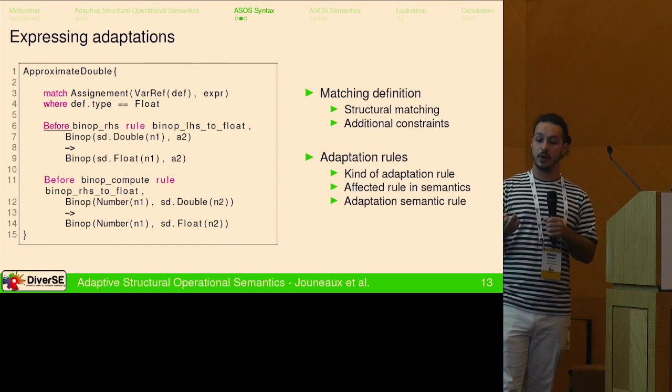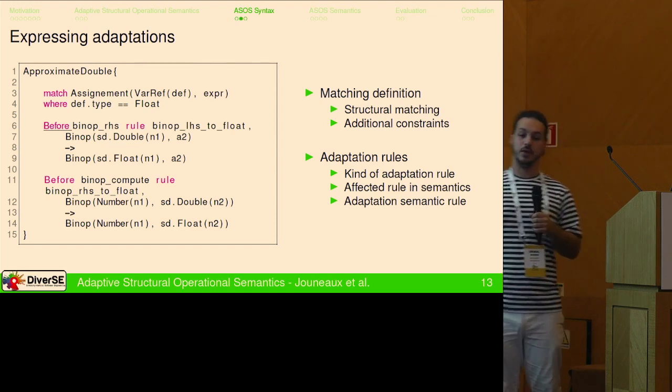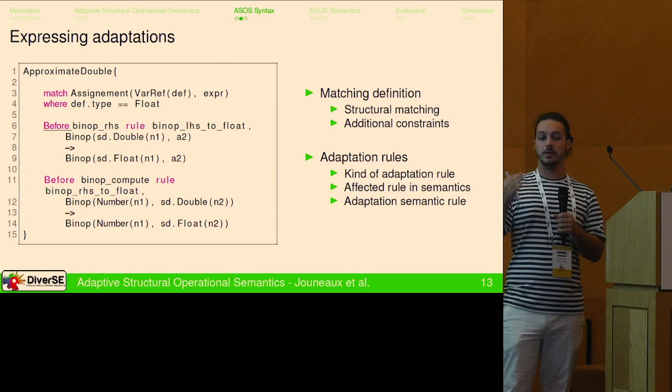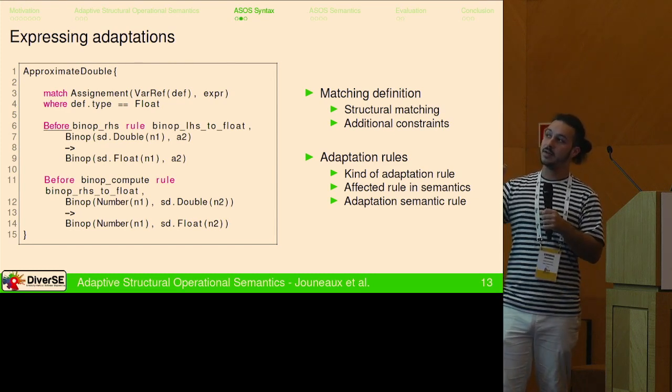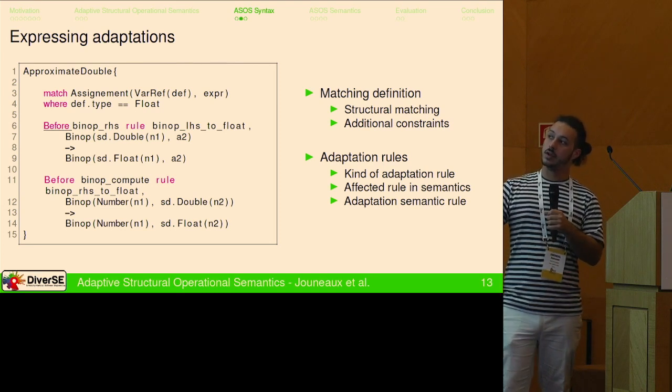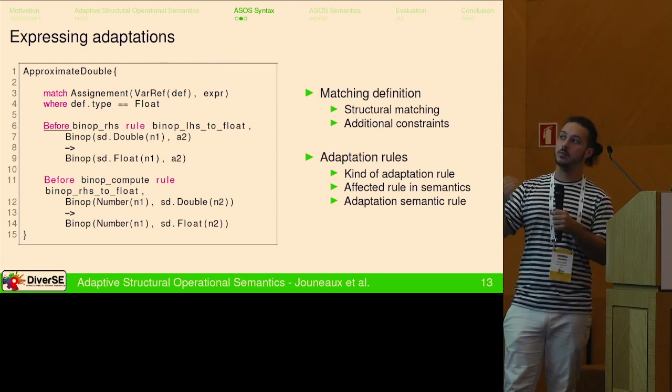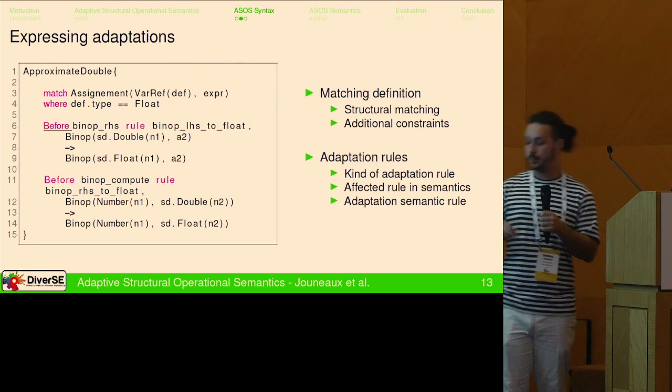For example, here the before binup right hand side specifies that the rule binup left hand side to float, which is defined after, should be called before calling the binup right-hand side rule, basically.